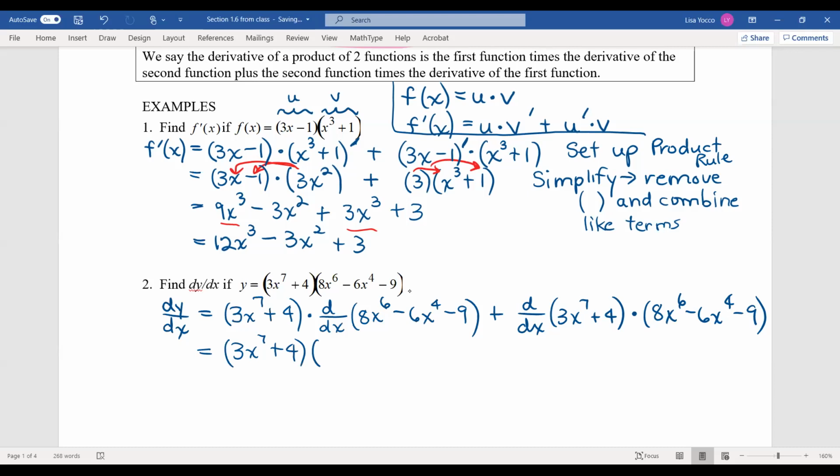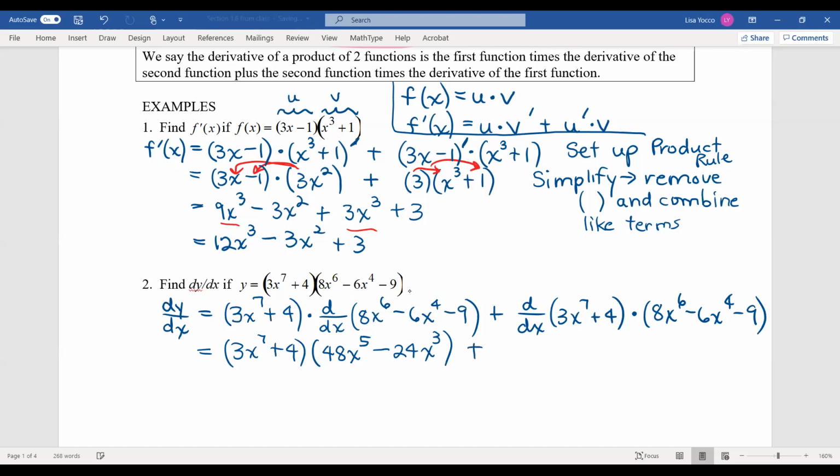All right, for 8x to the 6, that'll be 6 times 8, which is 48, and then x to the 5th, subtracting 1 from the power. And minus 6 times 4 times x to the 4 minus 1. And minus 9 is a constant, so its derivative is 0.